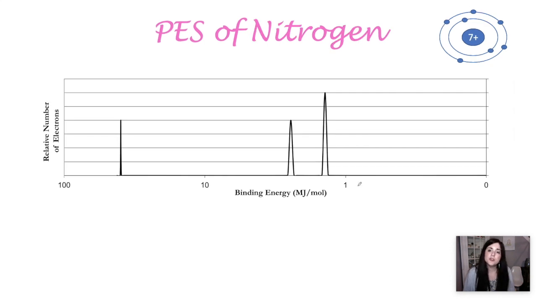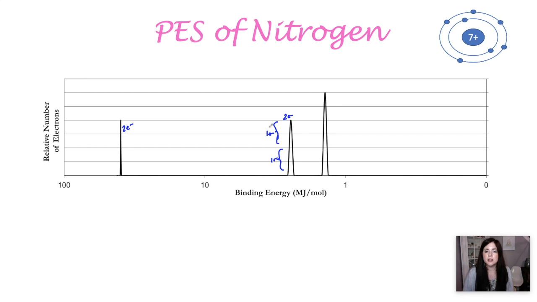Here we are for nitrogen. So we're starting to get a much larger final peak here. I still have 2 electrons here. Those are my 1s electrons. I have 2 electrons here. Notice that each 2 of these looks like it represents 1 electron. So this right here is 1 electron, and then this distance right here is 1 electron.